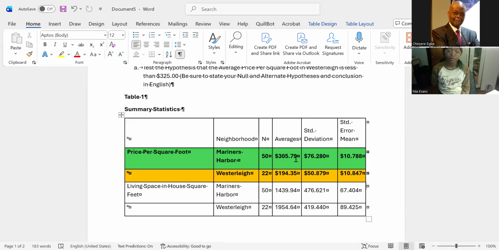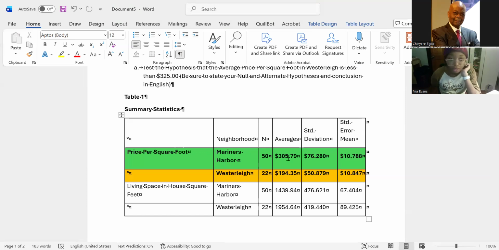That could simply be a sampling outcome. It might actually be that the true population price per square foot for Mariners Harbor could be 325, or even more than 325, because you can see that 305 is not too far from 325.